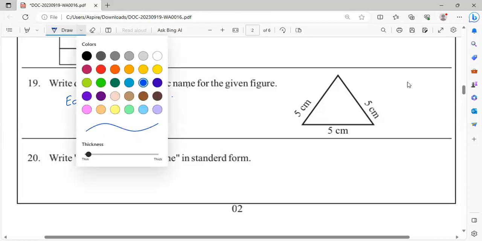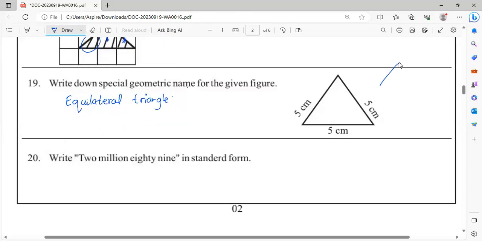If only two sides are equal, it is given that this side is 2 centimeters, this is 2 centimeters, and this is 3 centimeters. Then this is called an isosceles triangle.